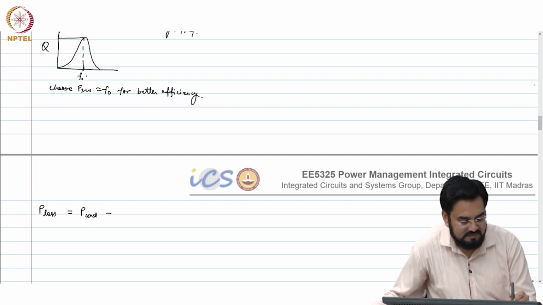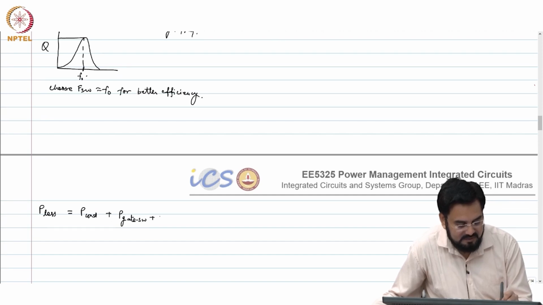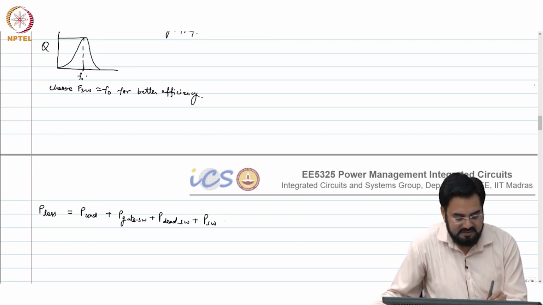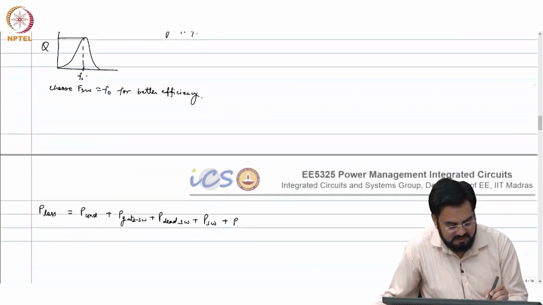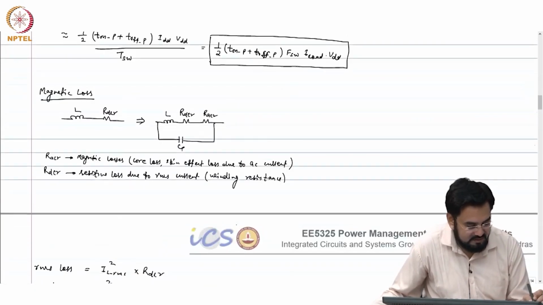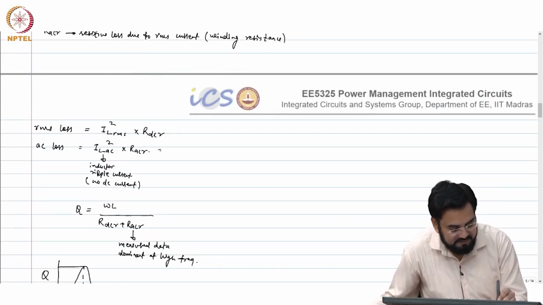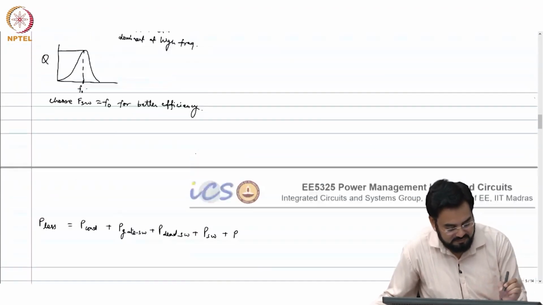Conduction loss plus P gate plus PSW plus P, what do I call it? Let us give it some name. Okay. PSC.